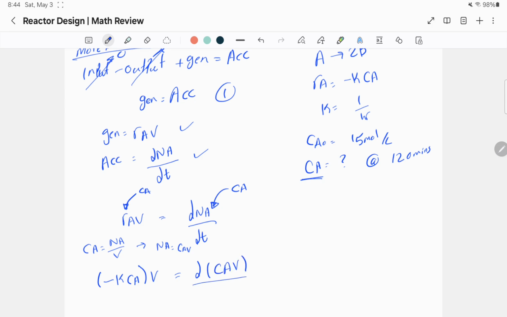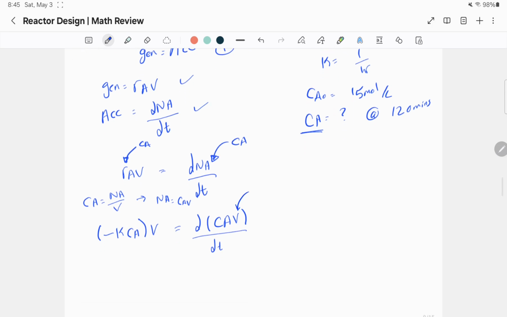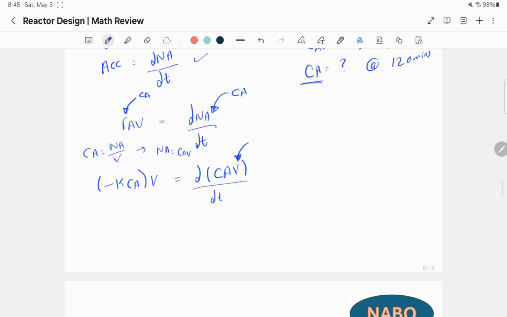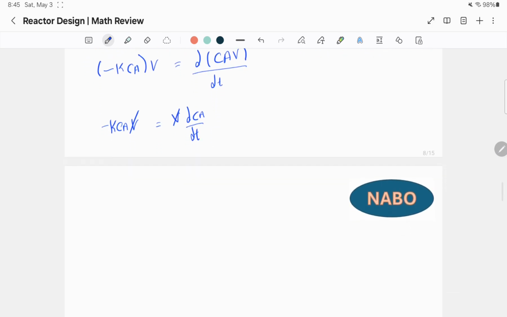So differential CA V over change in time. Now, since the volume is constant, it can be taken outside of the differential, which will be V dCA over dt, and the left side will stay the same, negative K CA times V. The volumes can cancel from both sides.